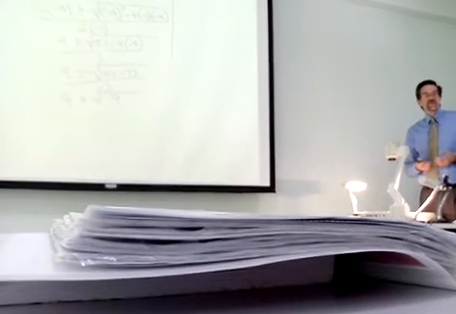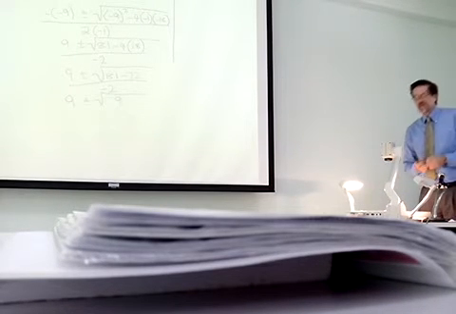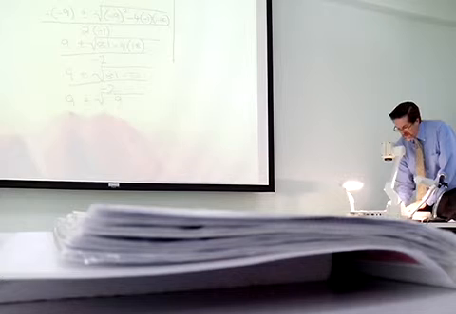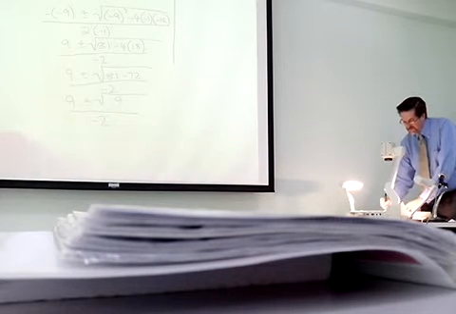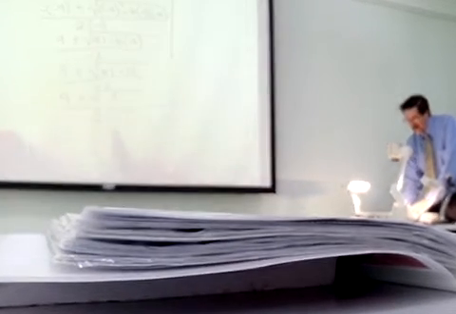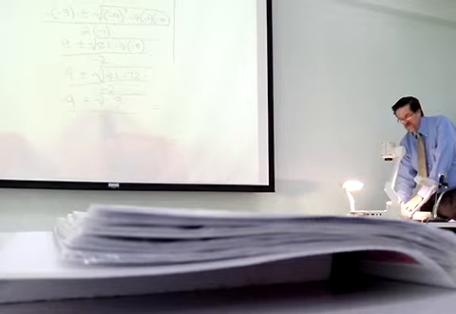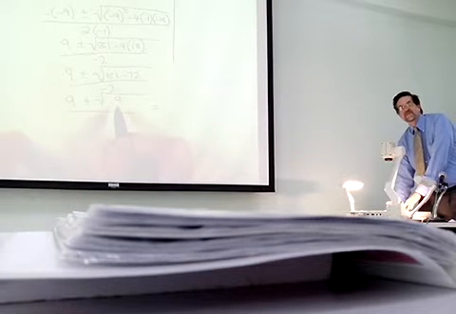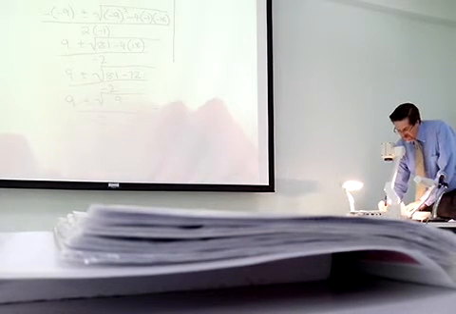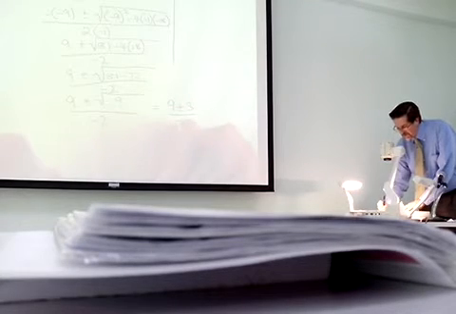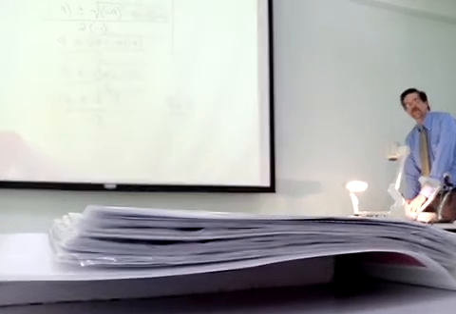The square root of 9 works out very well. Divided by negative 2. And the square root of 9 is 3. Good. So we have 9 plus or minus 3 divided by negative 2.